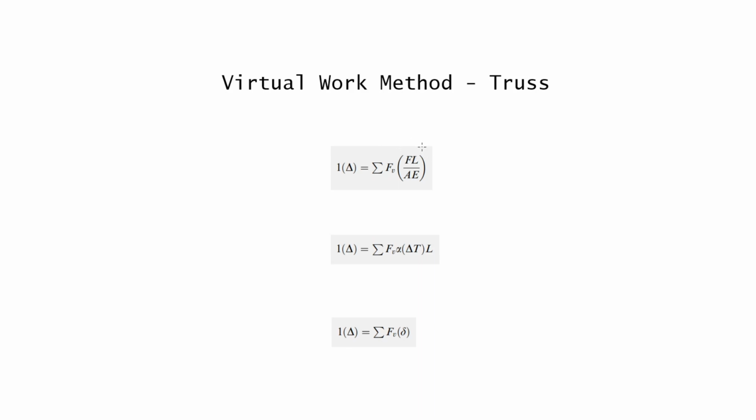L is the length of the member all over AE, which yung A natin dyan is the area or cross-sectional area of the member, and E here is the modulus of elasticity. Okay? So, maliwanag ba?